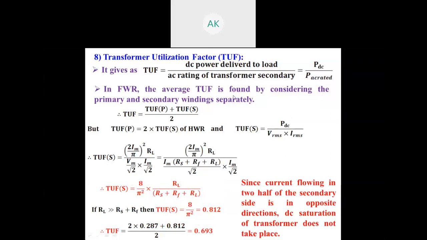So we can say that for the full wave rectifier, TUF is drastically improved, and current flows through the upper half of the transformer as well as the lower half for the entire cycle. Finally, the DC saturation problem which was in the half wave rectifier is resolved in the full wave rectifier with a center tap transformer.